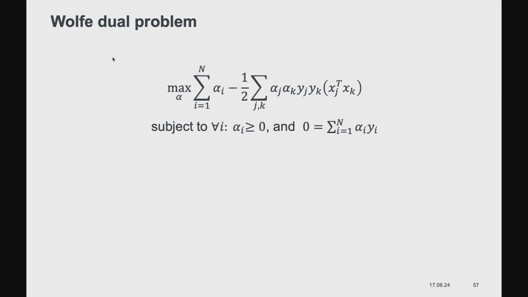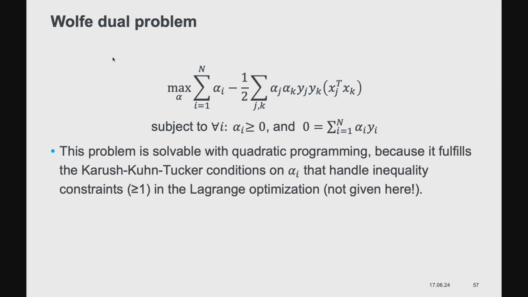So with this method of Lagrange optimization, we have now taken this optimization under one set of constraints to a new representation and a new set of constraints. And this is one which is solvable with quadratic programming. I don't elaborate here how this works.